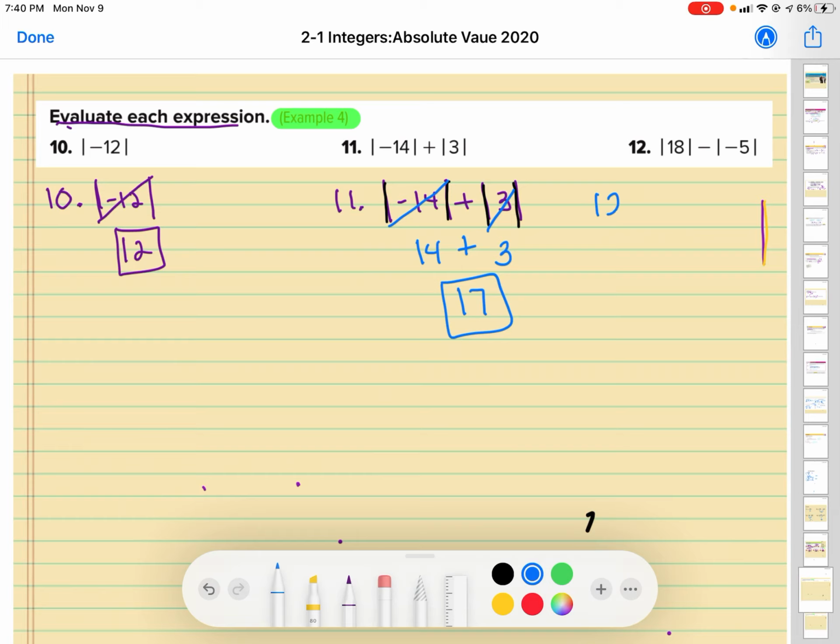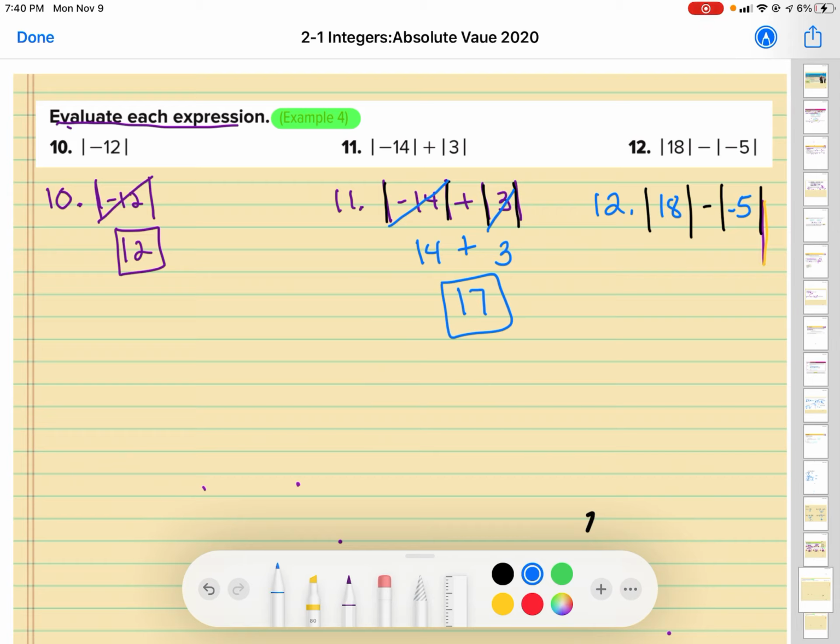And lastly, number 12. All right. So I've got the absolute value of 18 minus the absolute value of negative 5 and some strange line.